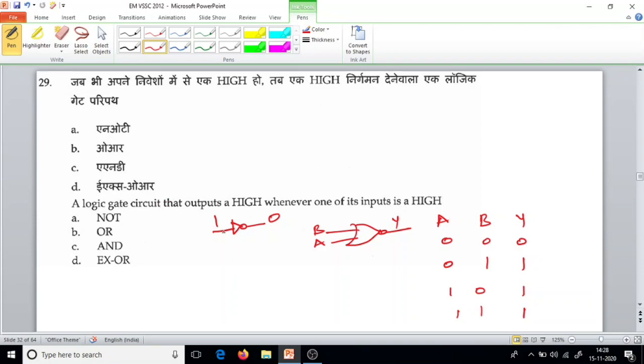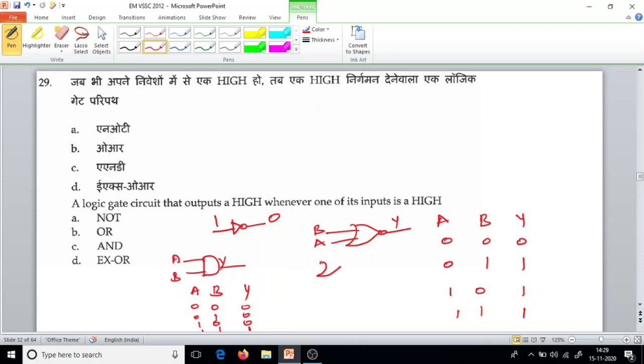Now the AND gate: A, B, Y. 0, 0, 0. 0, 1, 0. 1, 0, 0. 1, 1: whenever both inputs are high, we'll get output as high.